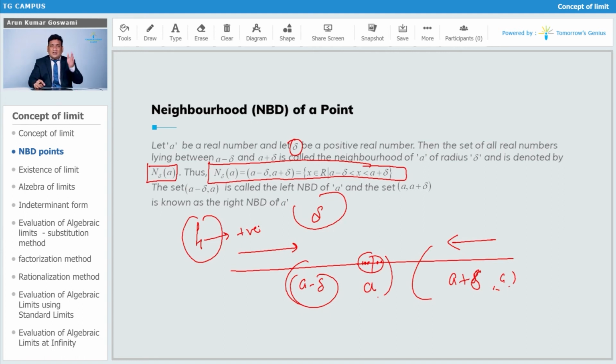You cannot say that you are sitting in one place and your friend is sitting in the 3rd or 4th row and call it a neighborhood. Neighborhood means the next row or next column. That's why this h should be very small, but a positive number. Clear?